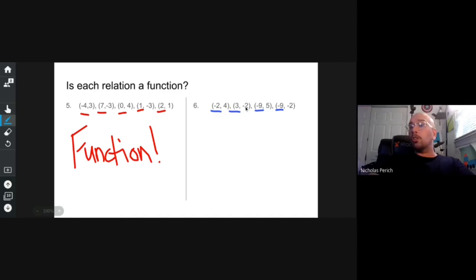No, it's used as a y, but I don't care about my y's. Is 3 used again? No. Is -9 used again? Yes. See how this -9 is used again as an x value? If my x values repeat, it's not a function.